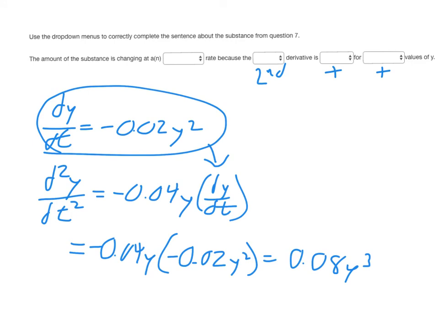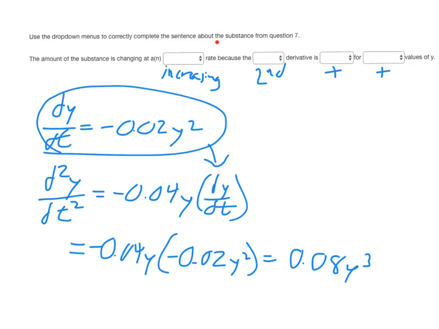And so if the second derivative is positive, then my rate is increasing, because the second derivative is just the rate of change of the first derivative, which is the rate. So a positive second derivative means that the first derivative is increasing, and the first derivative is the rate. So a tricky question for a couple reasons. One, did you read this correctly?